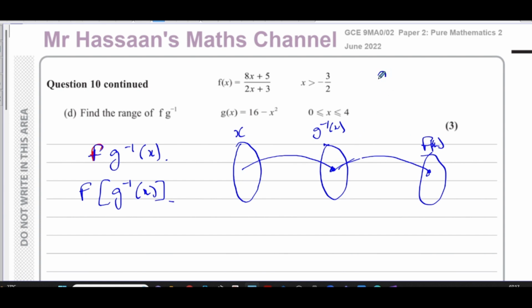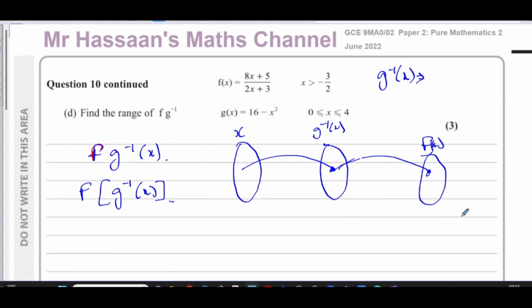Well, we know that the domain of the inverse of g of x is basically the same as the range of g of x. What is able to go inside the inverse of g of x is all the values that can go into there.